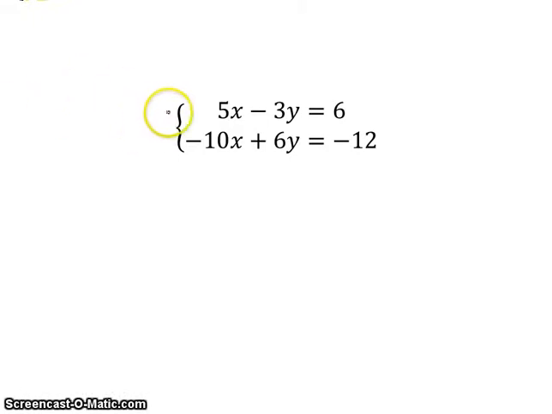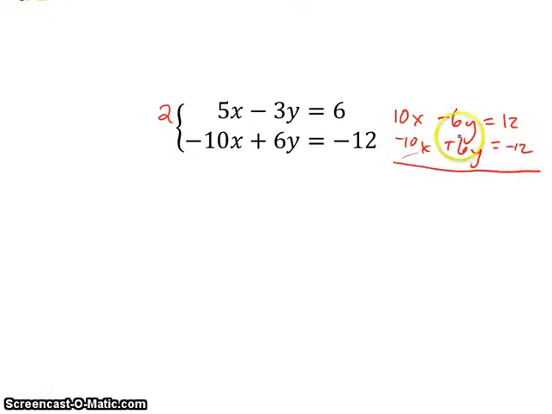See with the next example, if I multiply the top one by 2, because that would give me 10x, and I got a negative 10x. So multiplying everything by 2, I get 10x minus 6y is equal to 12. On the bottom, I get negative 10x, rewriting the bottom one. So opposite signs, so I'm going to add. 10x minus 10x is 0.